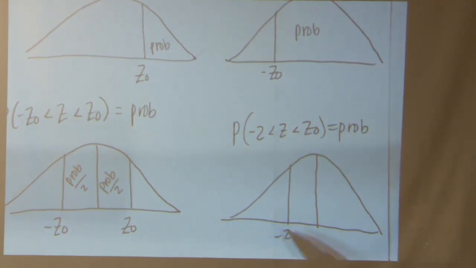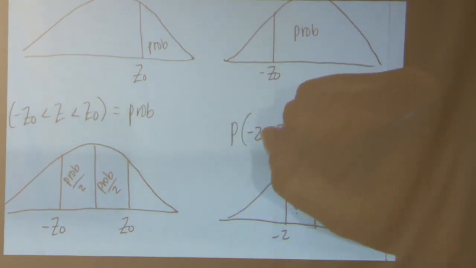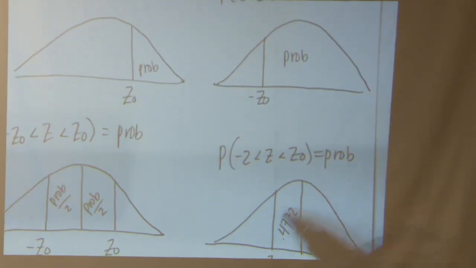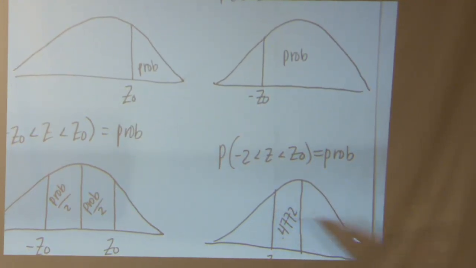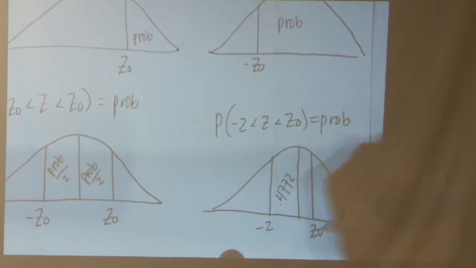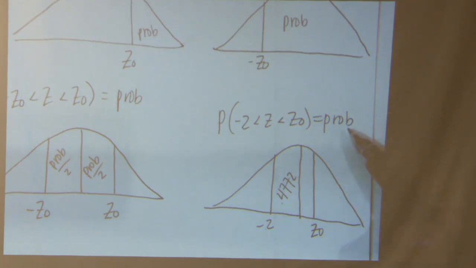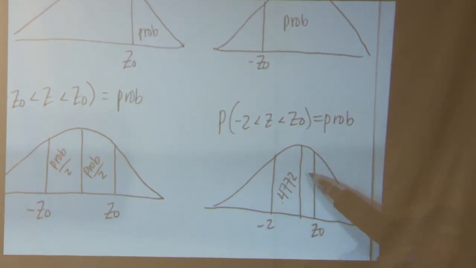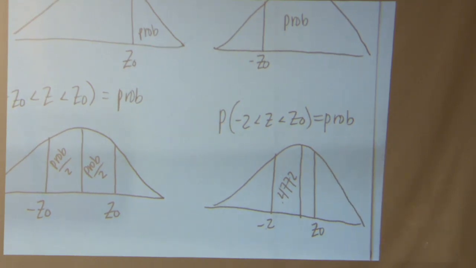Because once you look up negative 2 in your z charts, you're going to get a value of 0.4772. So if this probability is greater than 0.4772, we know that our z-score is going to go over here. And whatever is left from the probability after we subtract out the 0.4772 is going to be placed right there.